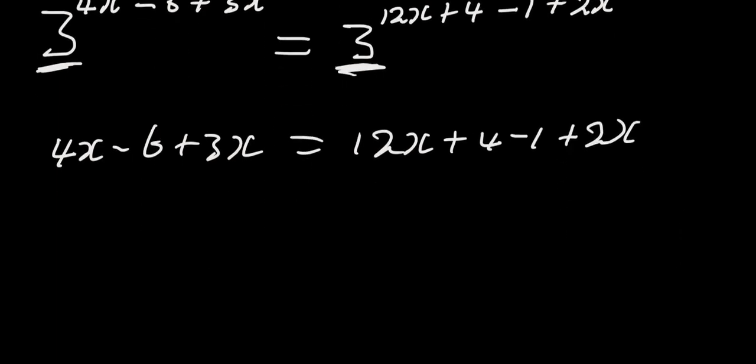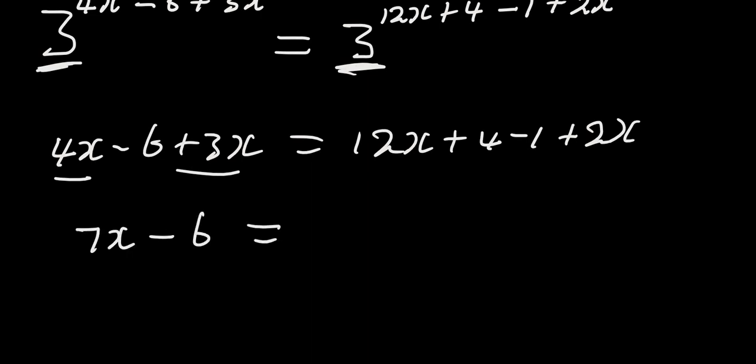So now let's combine like terms. So this is 4x plus 3x. That's going to give us 7x minus 6 equal. So we have 12x here plus 2x. So this is going to give us 14x. And then 4 minus 1 is going to give us plus 3.